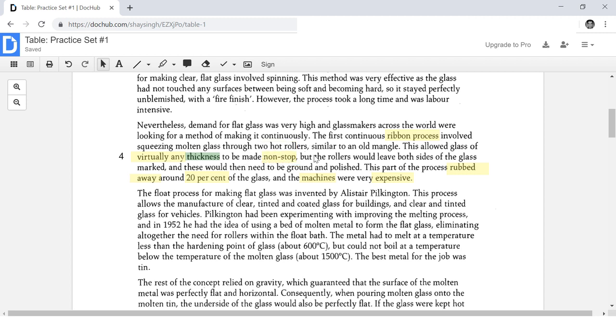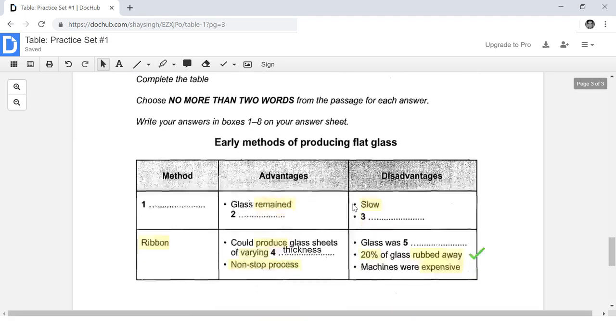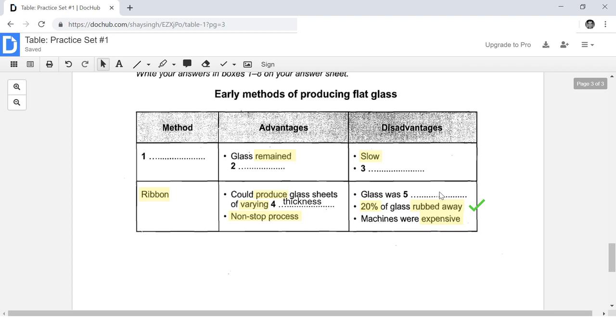However, there is a downside. But the rollers would leave both sides of the glass marked. Okay, so that is going to be our other disadvantage, which the question has not mentioned. Down here, it does not mention the fact that the glass would become marked. So that is going to be our answer for number 5, marked.